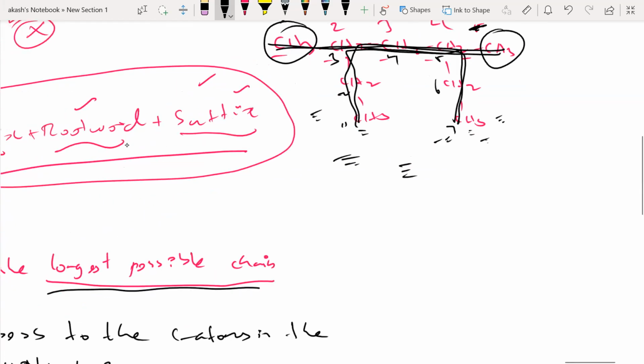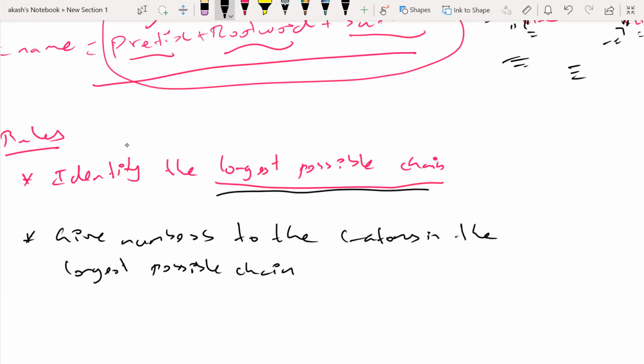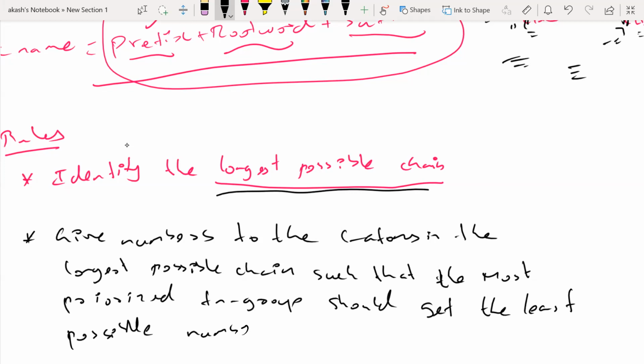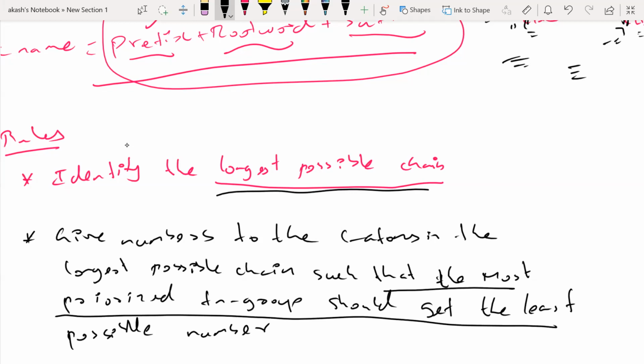And the numbering should not be random. So you have to give numbers to the longest possible chain such that the most prioritized functional group should get the least possible number. This is a very important point.